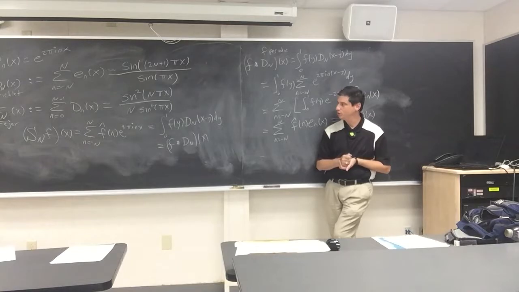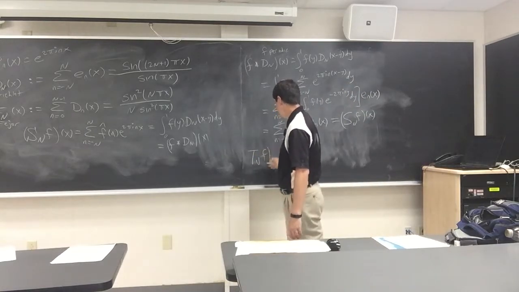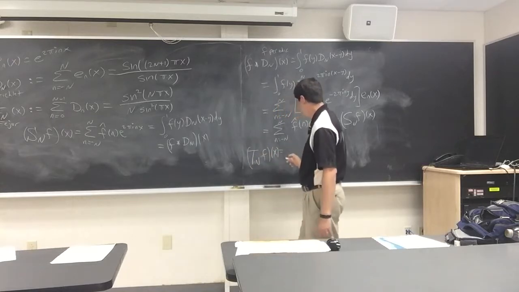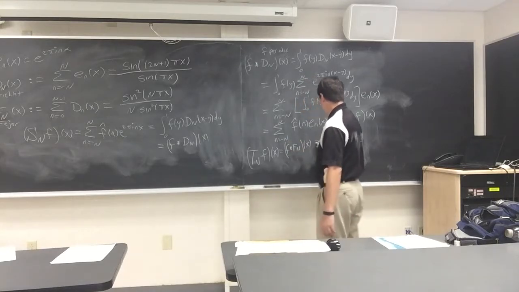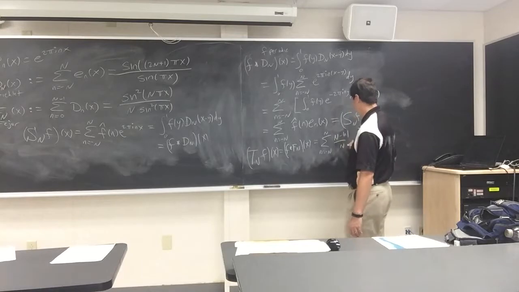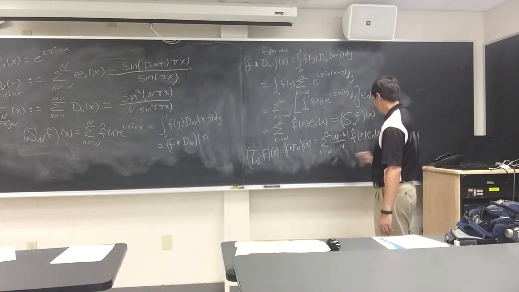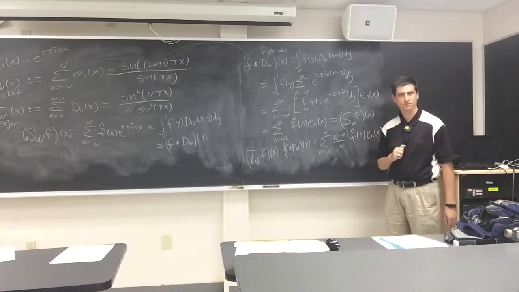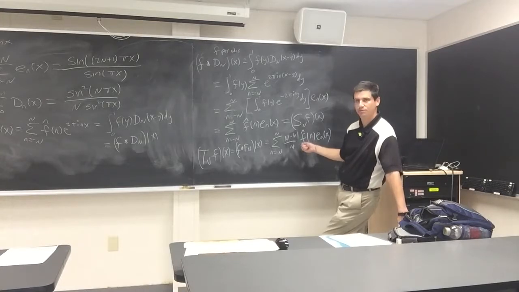And it turns out that when you convolve with F_N, you get the Fejer series T_N f of x, which is f convolved with the Fejer kernel at x, and you get a sum, n goes from minus N to N, of N minus the absolute value of n over N, f hat of n, e_n of x. This is just algebra, right? All we have to do is a little bit of algebra to show that this is true.